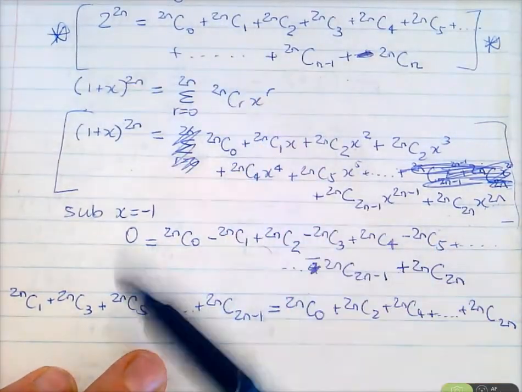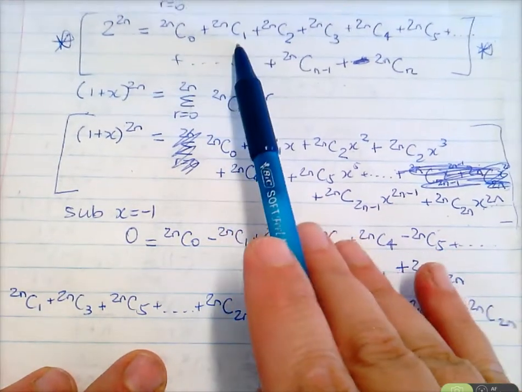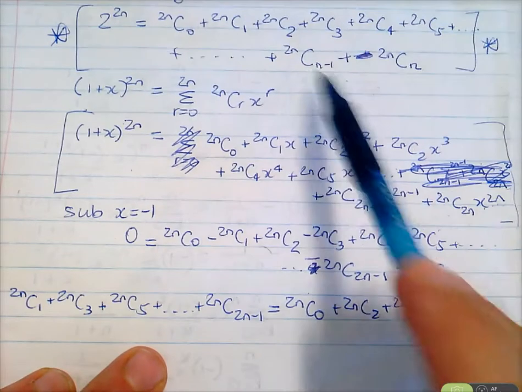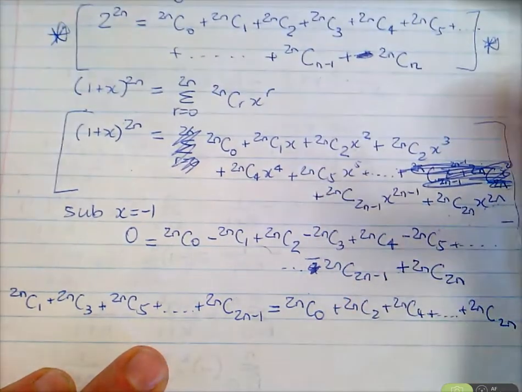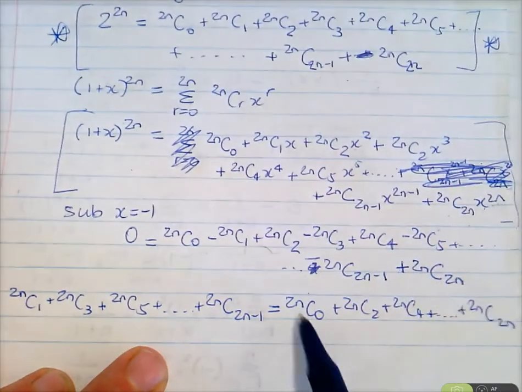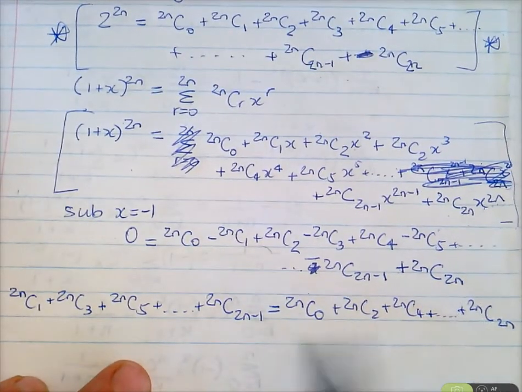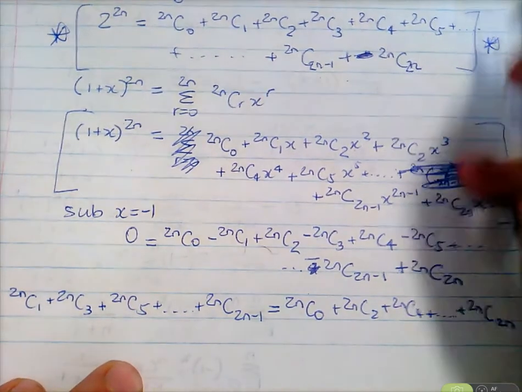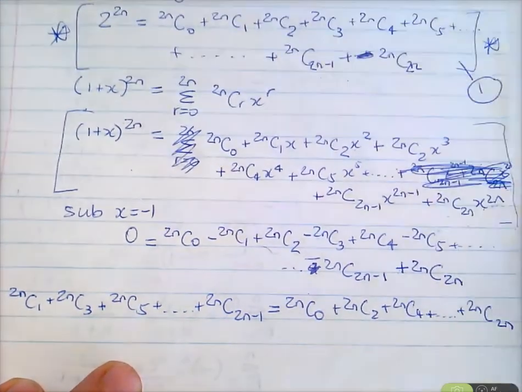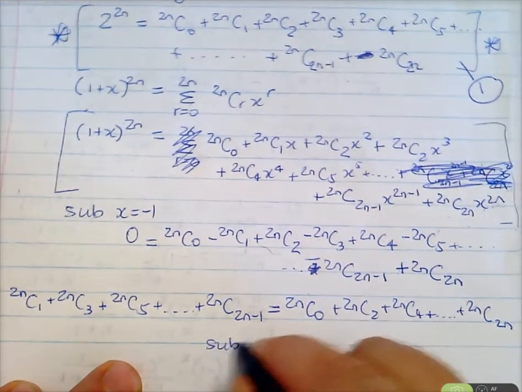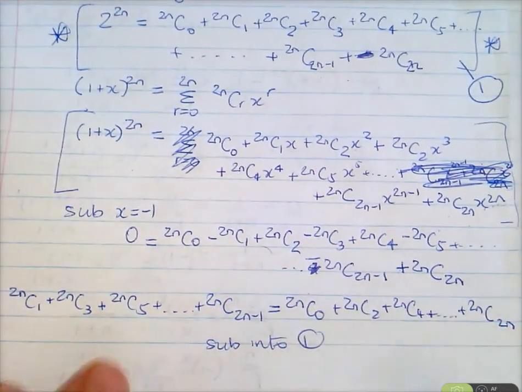I can now say that 2nC1 plus 2nC3 plus 2nC5 plus 2nC(2n-1) is all of that other stuff. Or I substitute the other ones, actually. I want to substitute the other ones. So wouldn't I call this 1? I'll call that 1. So subbing into equation 1.